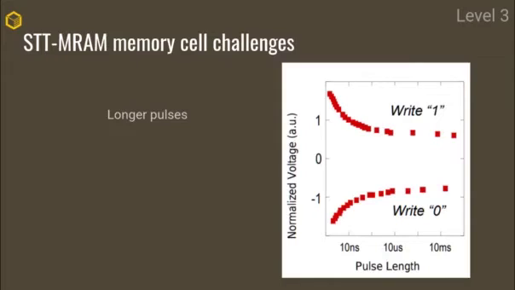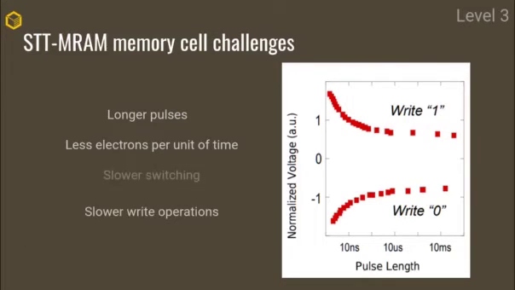The pulse length is, in a way, equivalent to the current I am drawing. Longer pulses means less current in a given amount of time is flowing through. The problem is that longer pulses also means fewer electrons per unit of time, which is the definition of less current, but in my case it also means slower switching.